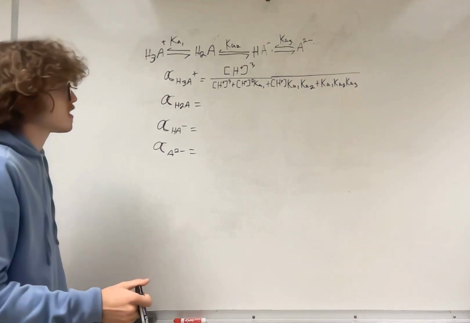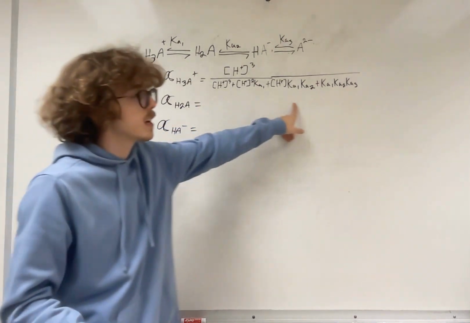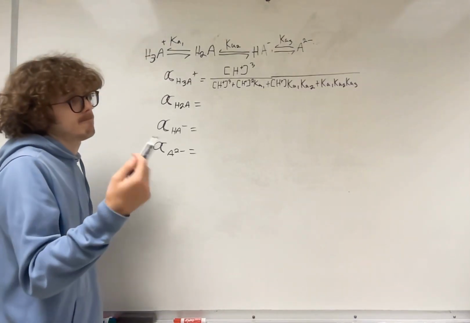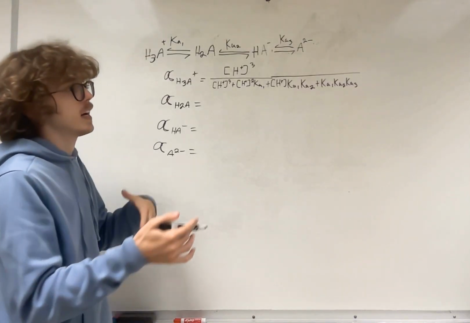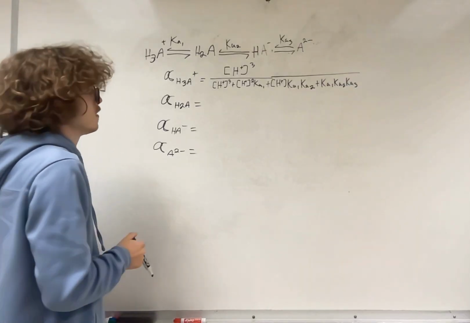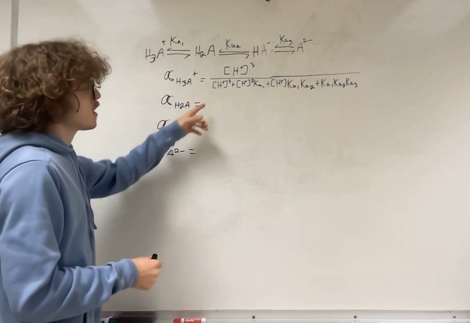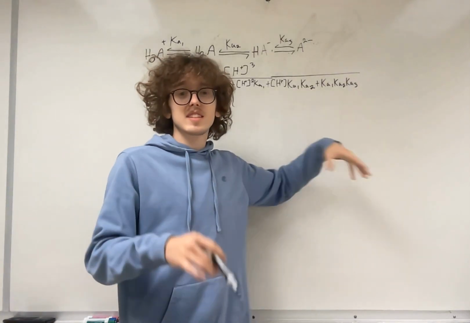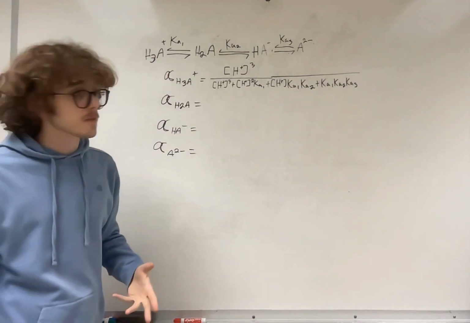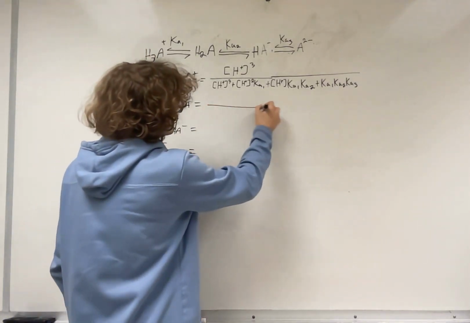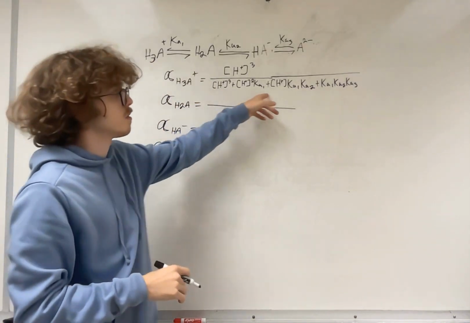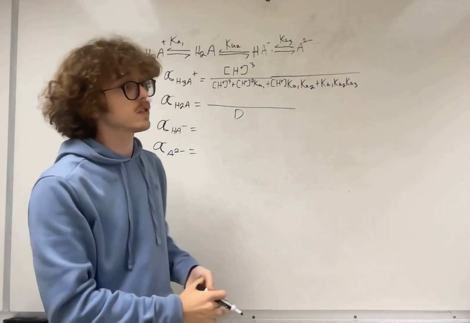If you were doing this in Excel, I would call this denominator some constant D and define it in your spreadsheet. We're actually going to find that this denominator stays the same for all of your fractions. In most textbooks they just denote it D, and then say D is equal to all this, but I'm going to draw it out so you can see it.